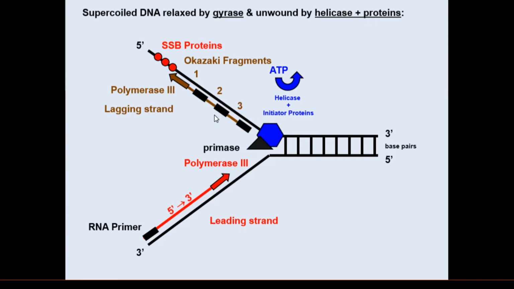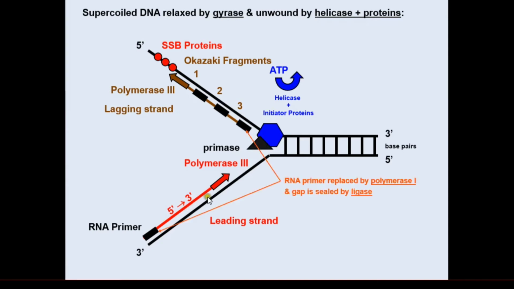The leading strand is the one in which 5' to 3' synthesis proceeds in the same direction as replication fork movement. Here you see the replication fork movement. Replication fork movement means where the DNA synthesis occurs.